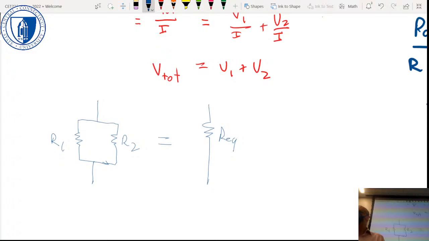And if we want to find the equivalent there, that form, that yellow highlighted form of the equation is really complicated.